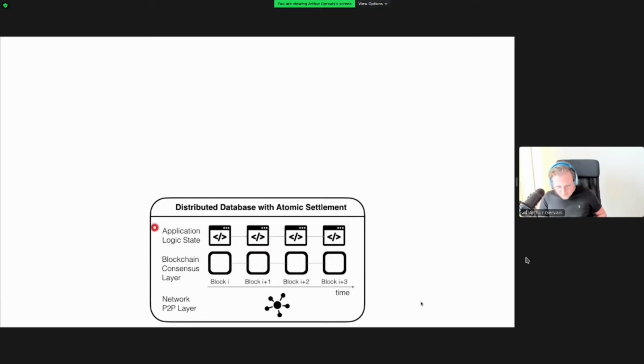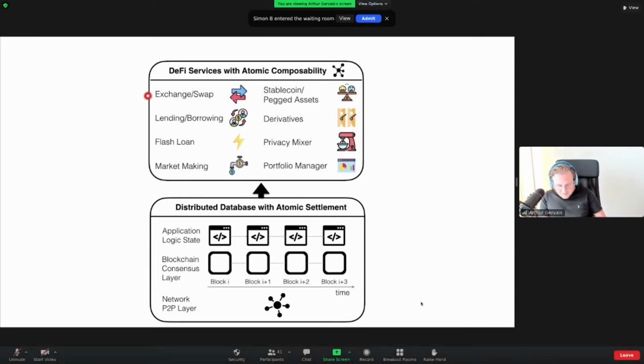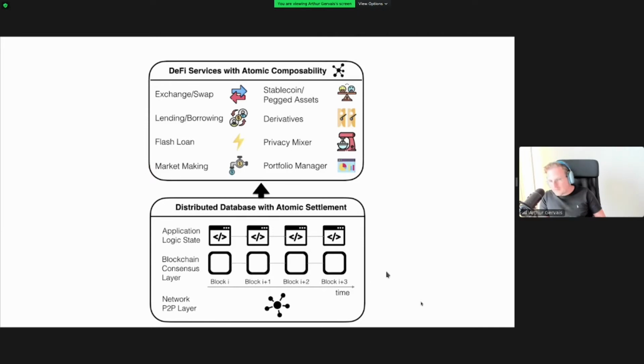And on top of this, you can think of having an application layer where you can have smart contract enabled applications. And this application layer gave fruition to a wide variety of decentralized financial services. Some of them are the exchange of assets, the borrowing and lending markets, market making, stablecoins, and many others.